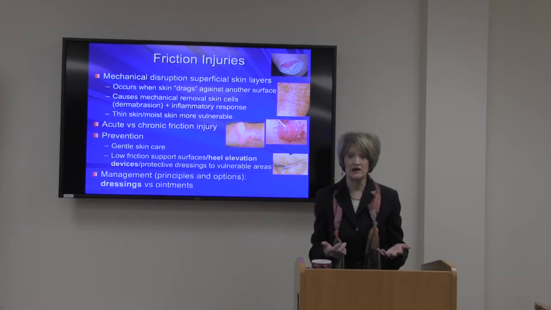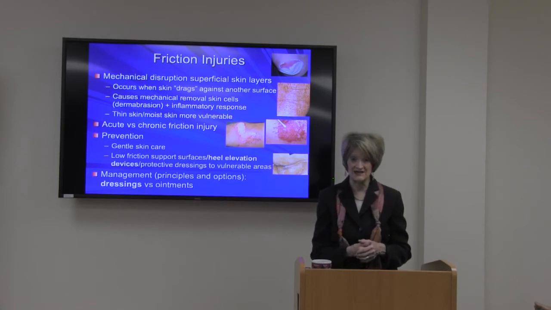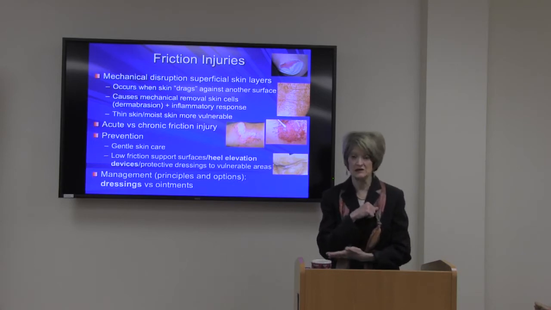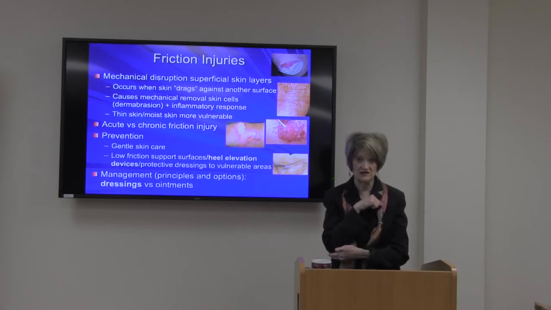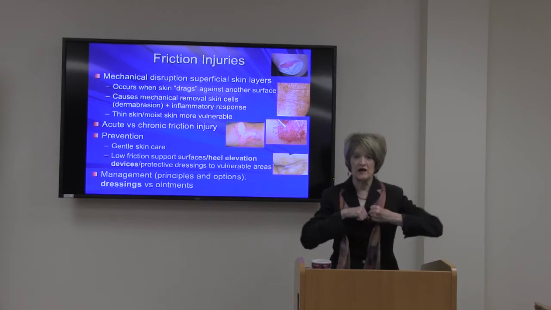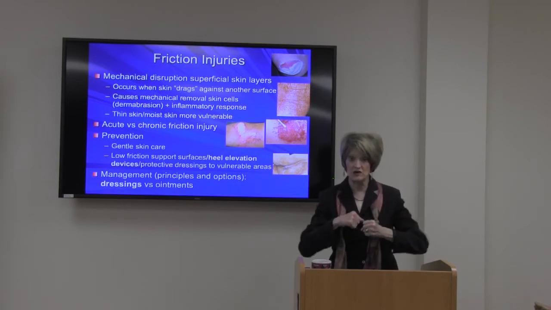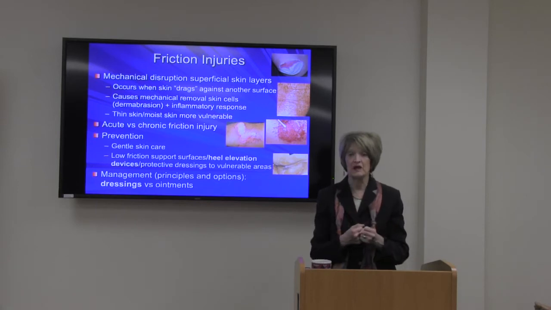What about over the heels? What about over the elbows? Yes, dressings can help protect any area that's exposed to chronic frictional forces, to chronic rubbing and scrubbing. So sometimes we'll take something like Opsite or Tegaderm and we'll put it over the elbows. It's like giving that patient an extra layer of skin over the elbows if they're using their elbows a lot to reposition themselves in bed.